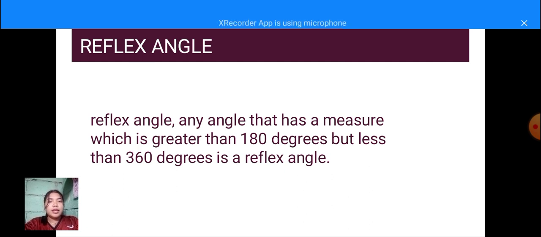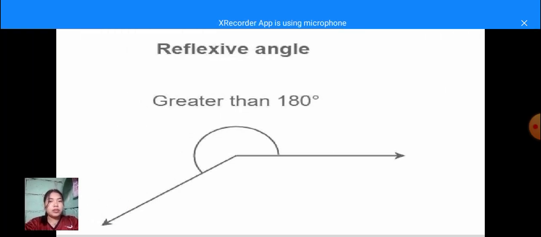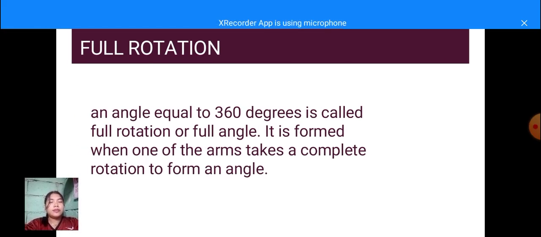For reflex angle, any angle that has a measure greater than 180 degrees but less than 360 degrees is a reflex angle. A reflex angle is greater than 180 degrees.